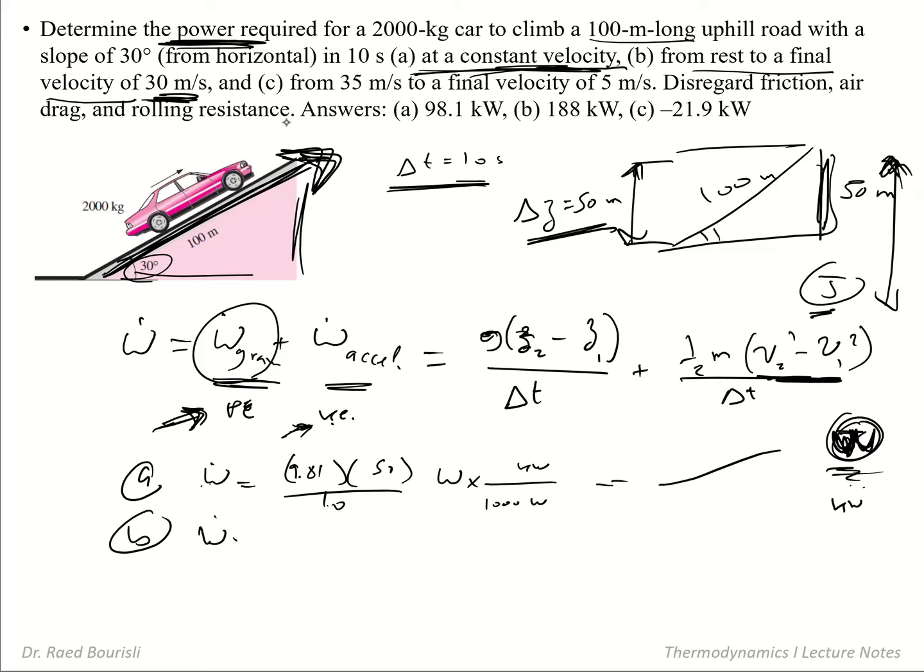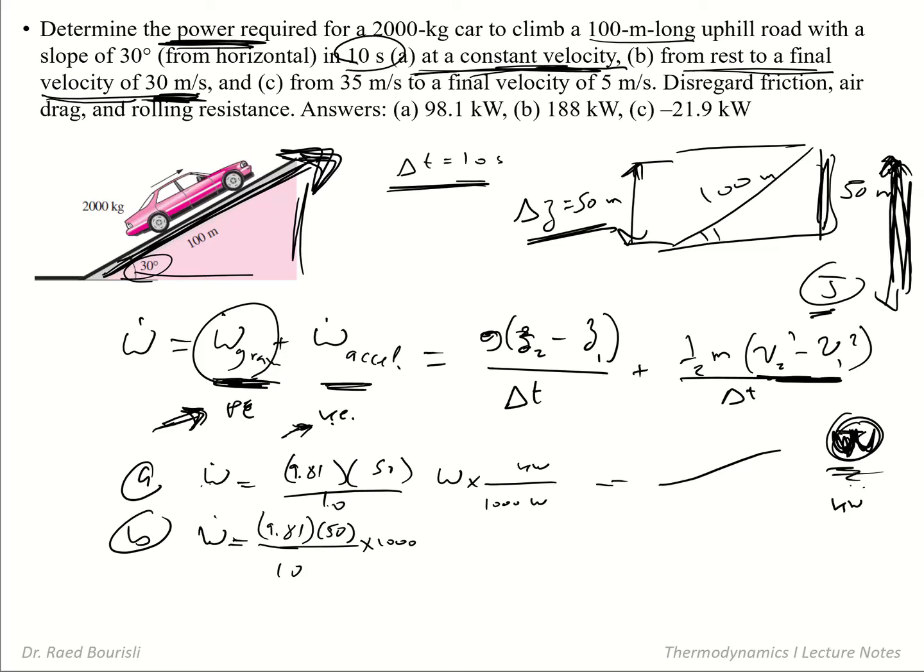So the total power required to do both, to work against gravity as well as accelerate the body, the gravity part will be the same, as we got from here: 9.81 times 50 divided by 10, multiplied by 1,000. The 10 seconds from rest to final velocity doesn't say it climbed higher.